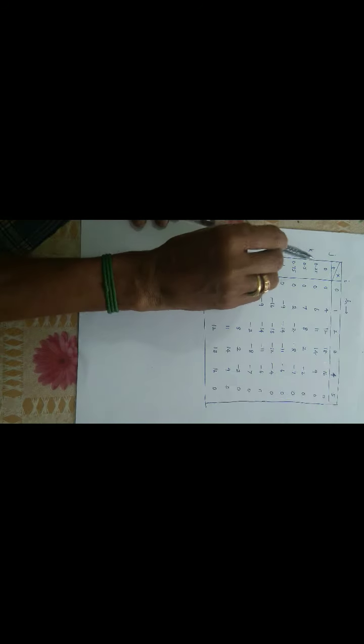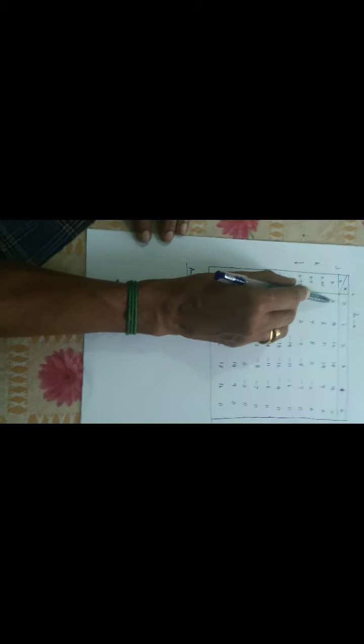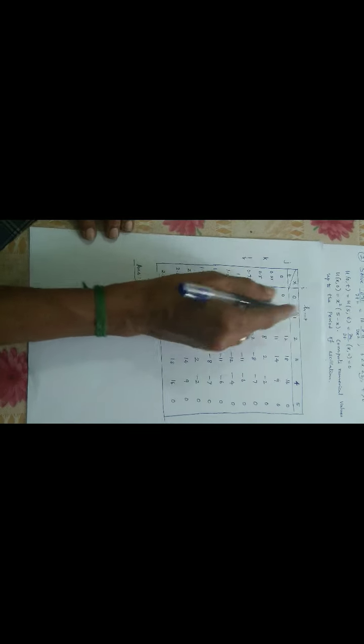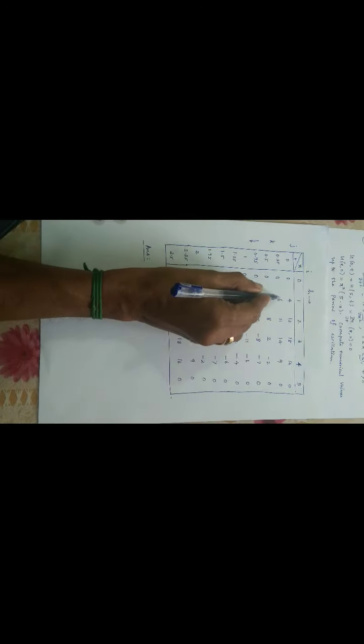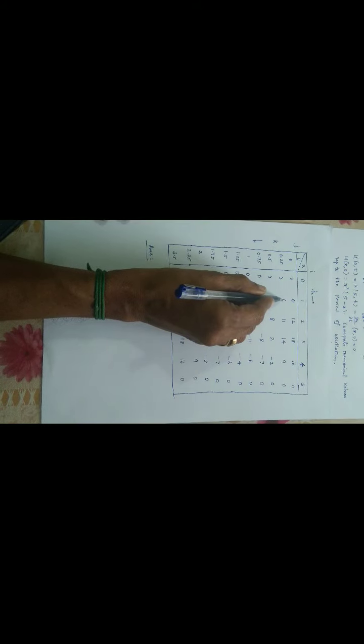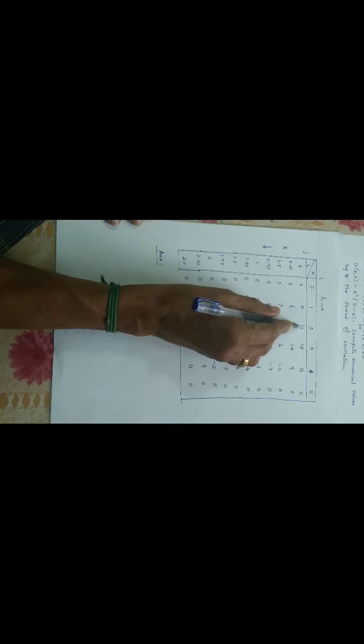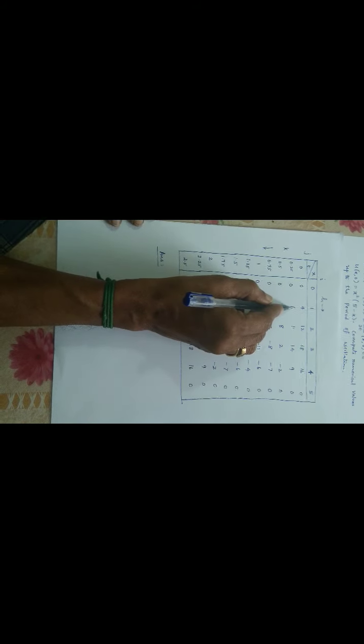Now I want to calculate the first time step. You know the procedure for the first time step: just take the average value of these two. Ignore this point. So the entire first column you know, and the last column you know very well, that is already given to you. Now I want to calculate this value, taking the average of these two: 0 plus 12 divided by 2, 6.